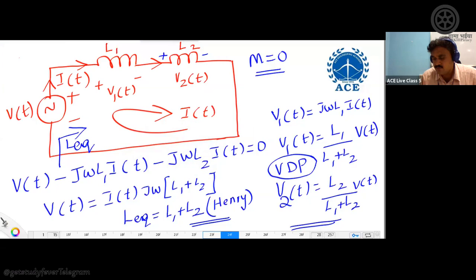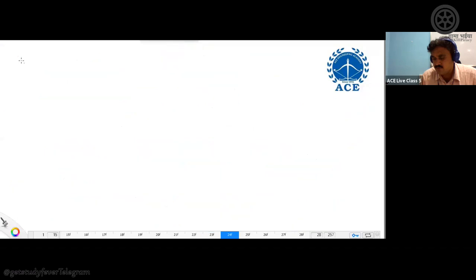Okay. So these are inductors connected in series. Next, now let me take capacitors connected in series. So I am taking again an AC voltage source which is delivering a current I of t. Series.